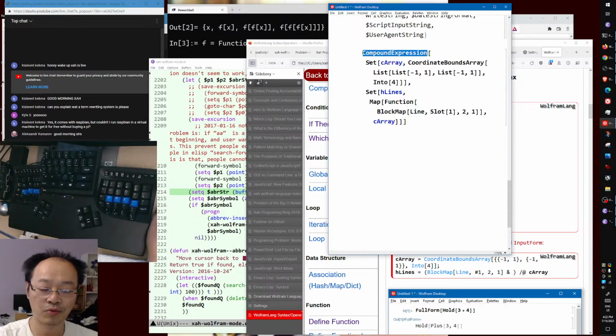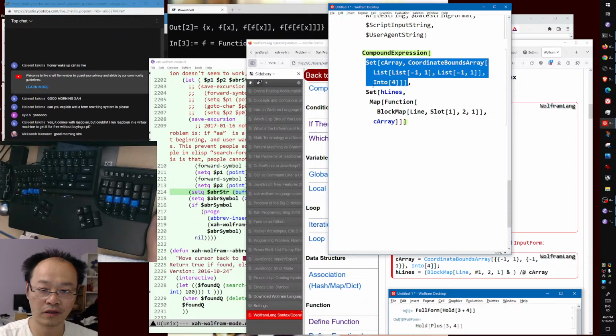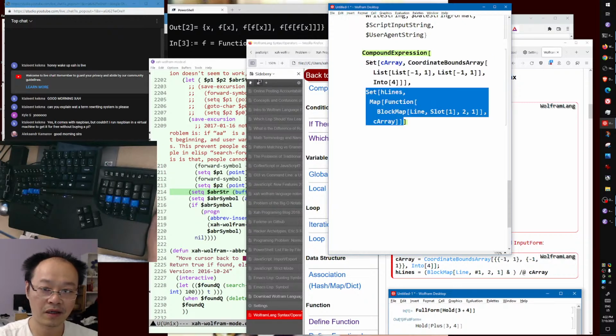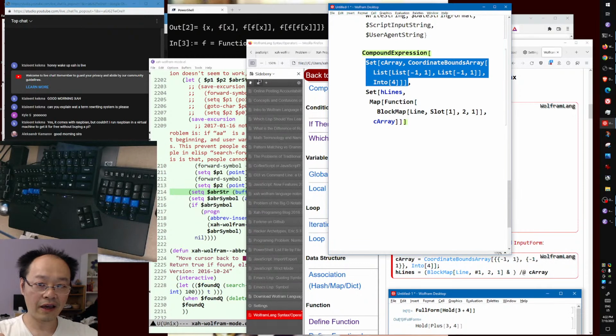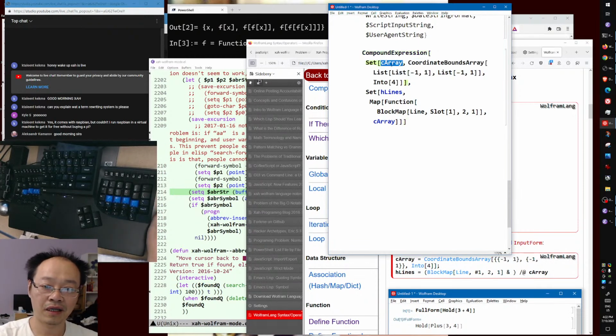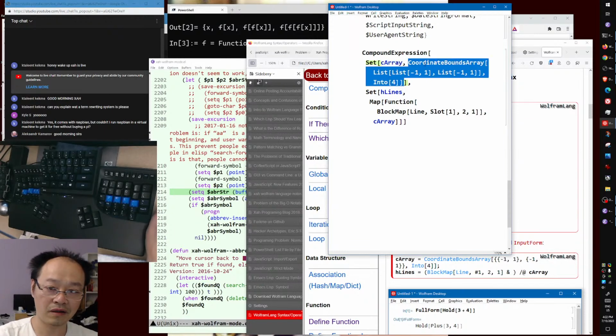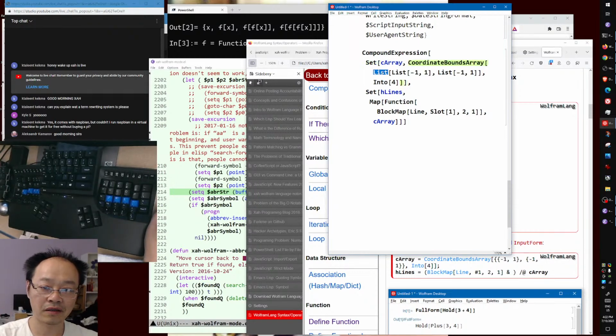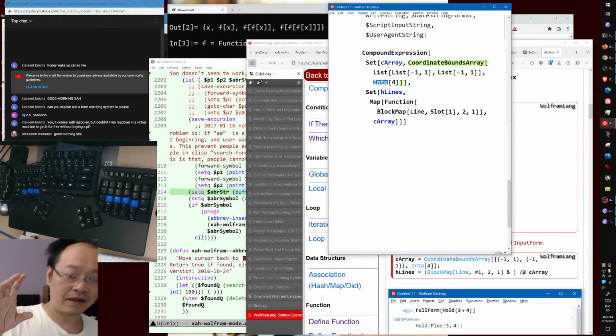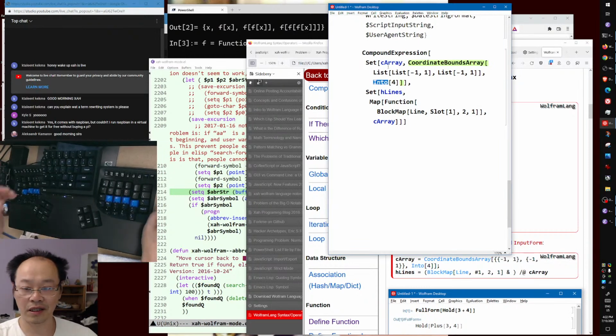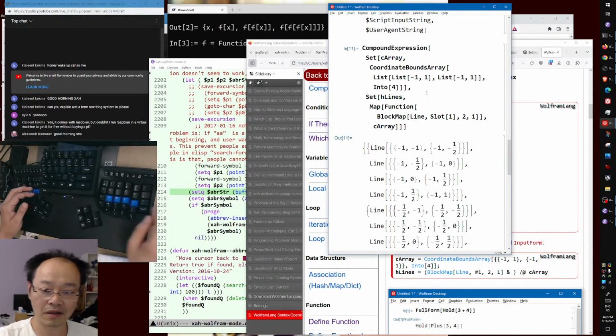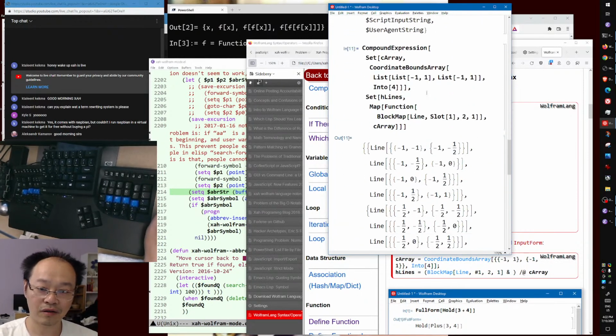This compound expression takes two arguments. This is the first one, set something. This is the second one. The first argument is again f something bracket. Then it takes several arguments. The first one is some C array. Another argument is coordinate bounds array. Then this function takes two arguments: one is a nested list, and the other one is into. The point here is that you are seeing the nesting. So let's evaluate this. That code returns this thing.